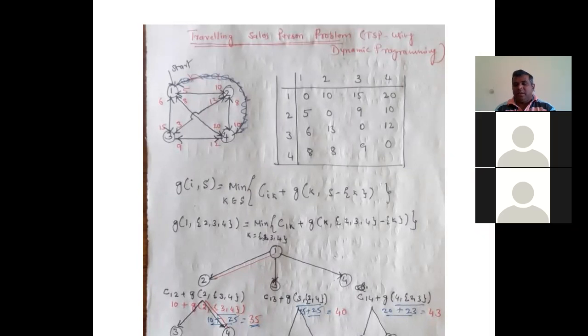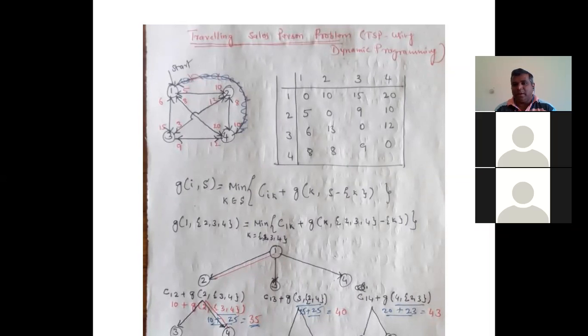That means we can say Hamiltonian cycle, or a path starting from a specific node to reach all other remaining nodes exactly only once and come back to starting node. This is one cycle that we call a tour.